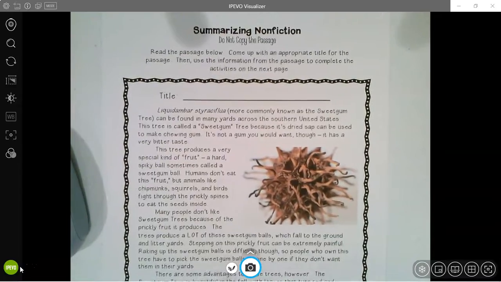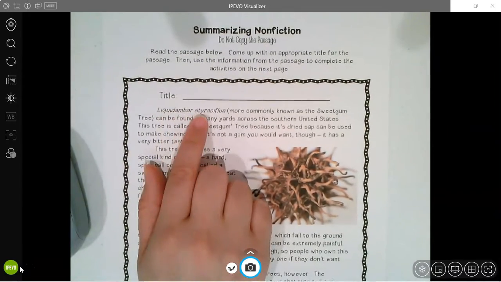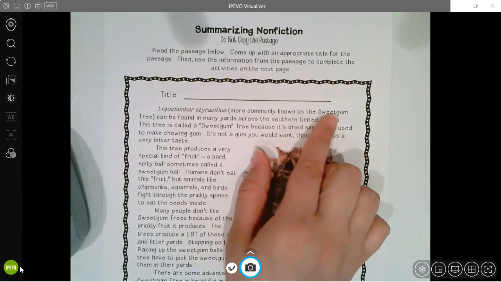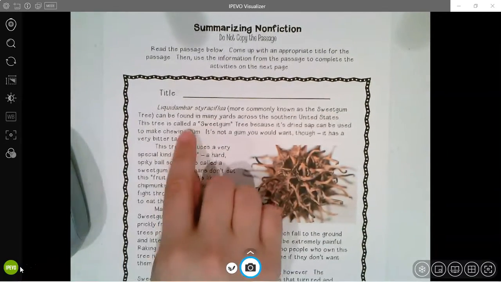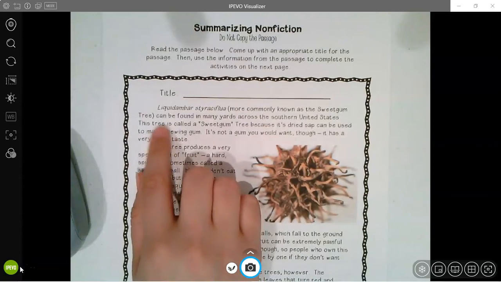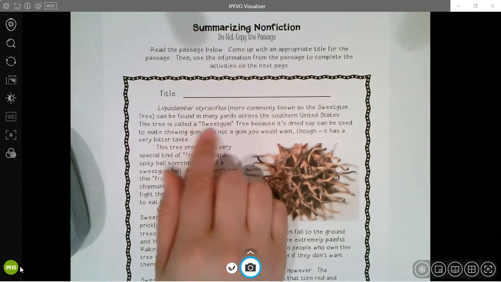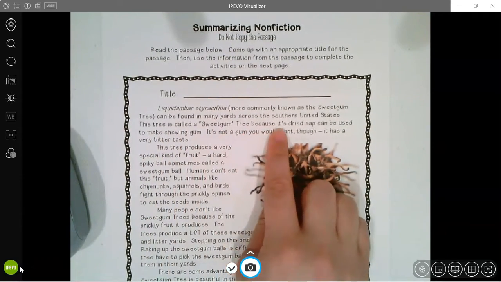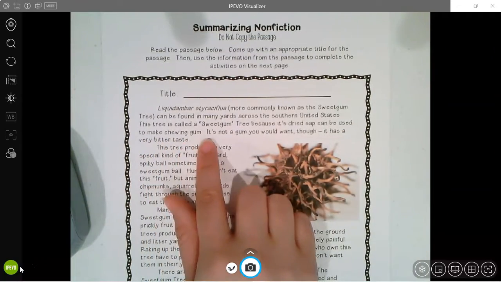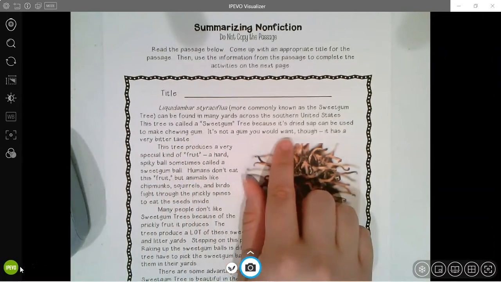It's like we're reading it and then choosing the topic by what information it's giving us. Okay, so Liquidambar styraciflua, most commonly known as the sweet gum tree, can be found in many yards across the southern United States. This tree is called a sweet gum tree because its dried sap can be used to make chewing gum. It's not a gum you would want, though.